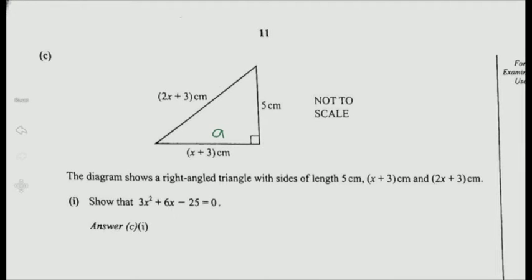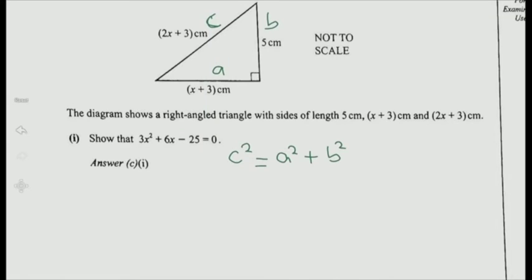So if we name our sides, say this is your A, this side let's say it's B, and this side, which is the longer side, the hypotenuse, we call it C. Then you can write the rule of Pythagoras: C squared is equal to A squared plus B squared. But in this case, we're given the lengths of A and C in terms of x.